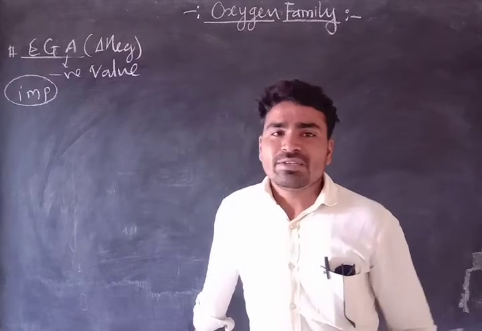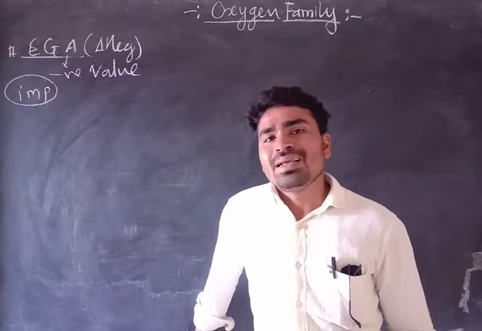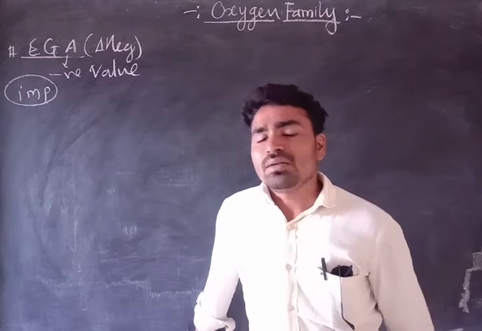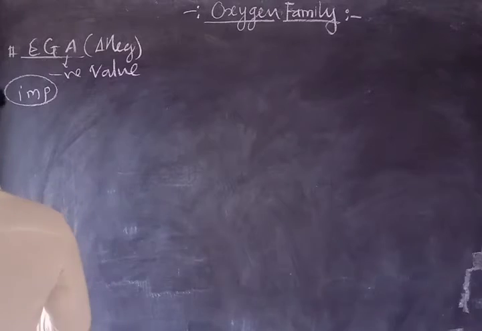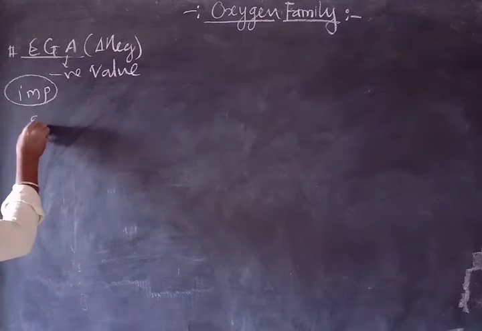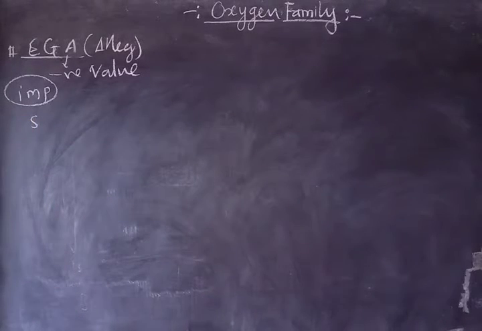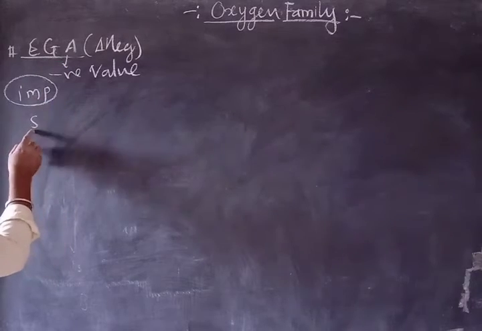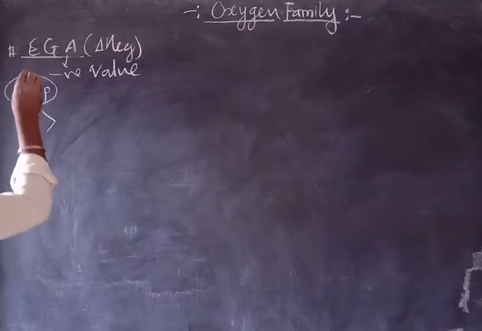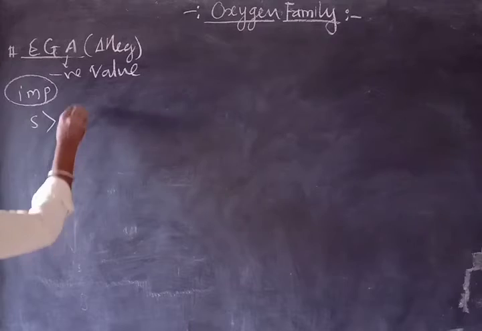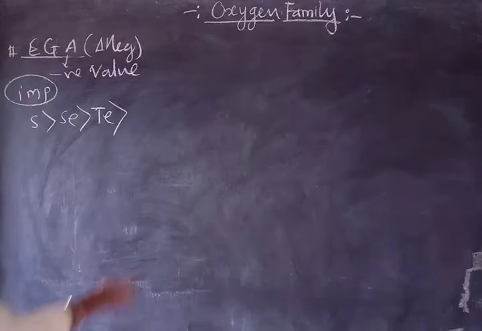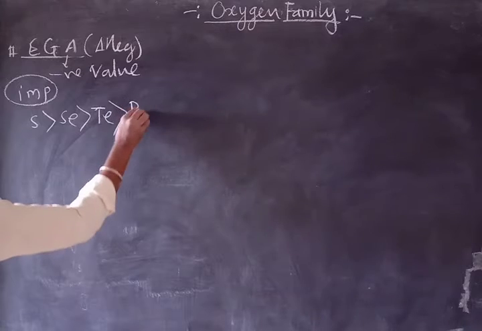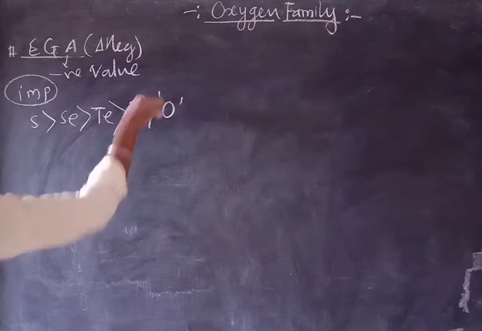We feel like that, but here we have to directly remember the order of electron gain enthalpy. Sulfur has the most negative electron gain enthalpy, more than oxygen, and the second is selenium, after that tellurium, after that polonium, and after that oxygen.